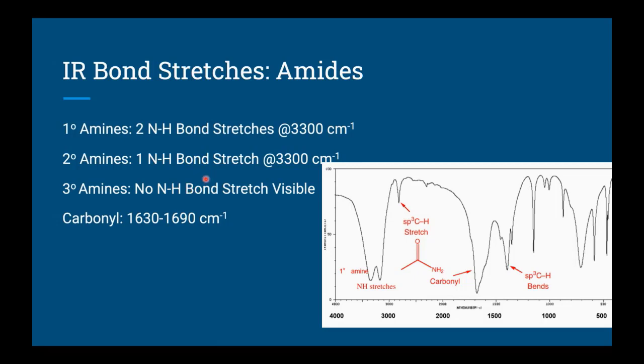So if we look at our diagram right now, we have a primary amine because we have two spikes. These two spikes represent the number of hydrogens the nitrogen has. So with the primary amine, it's NH2. So we'll see two hydrogens. If this were, say, a secondary amine, we would only see one spike.